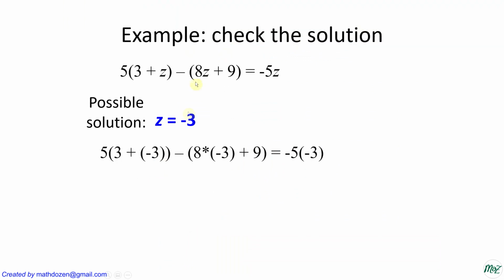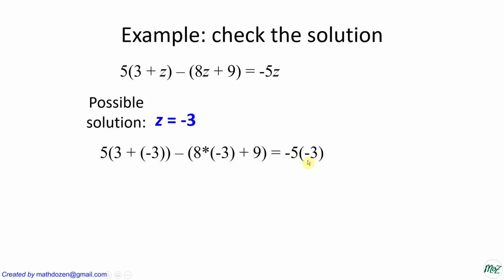If we substitute negative 3 for every z in the original equation, we get parentheses with negative 3 and positive 3, parentheses with 8 times negative 3, and then the right-hand side with multiplication of negative 5 and negative 3.